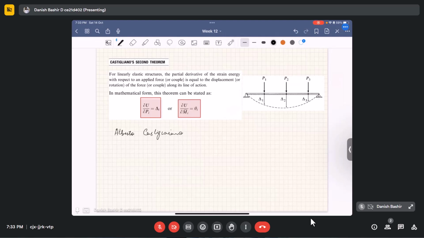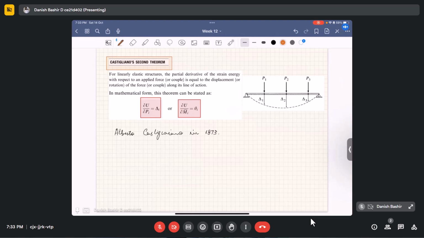Castigliano's first theorem is actually regarding the establishment of the equilibrium equation for the structure, and we will not be discussing that here. The only important theorem for us right now is the Castigliano second theorem.